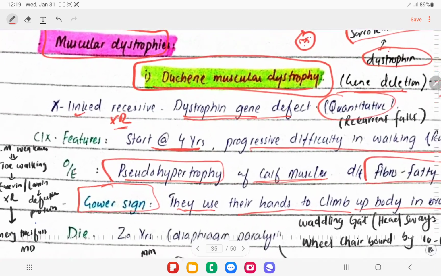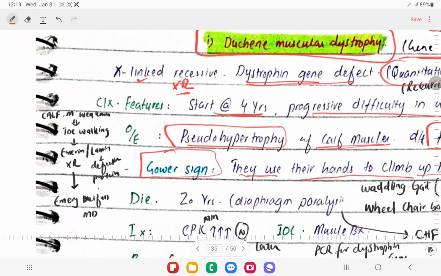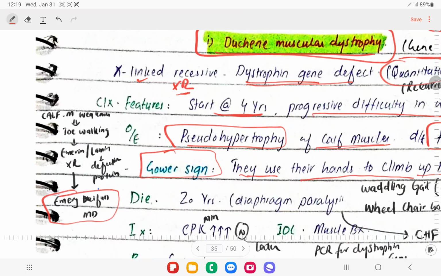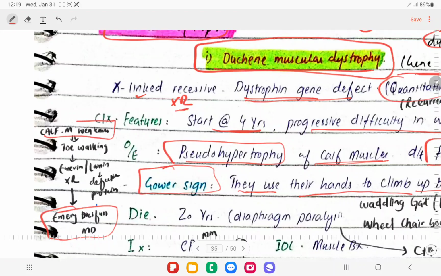If we compare it with another disease called Emery-Dreifuss muscular dystrophy, in that there will be calf muscle weakness in those patients. So in Duchenne muscular dystrophy, we're going to see pseudohypertrophy of calf muscles, while in Emery-Dreifuss there will be calf muscle weakness, and the patient is going to have toe walking.